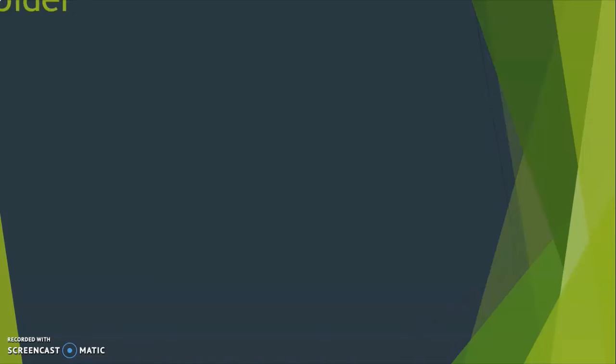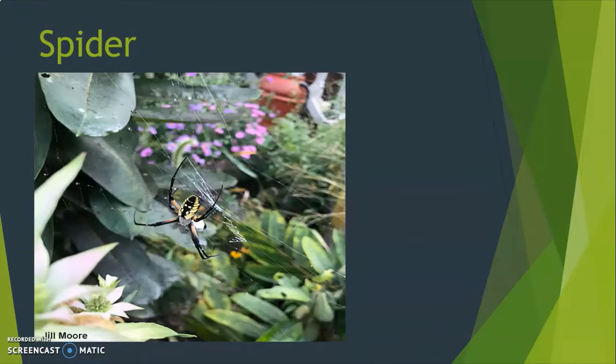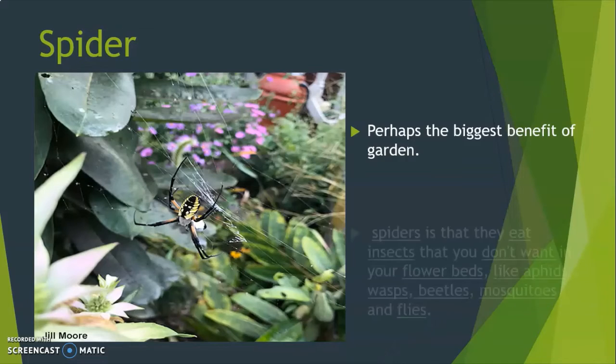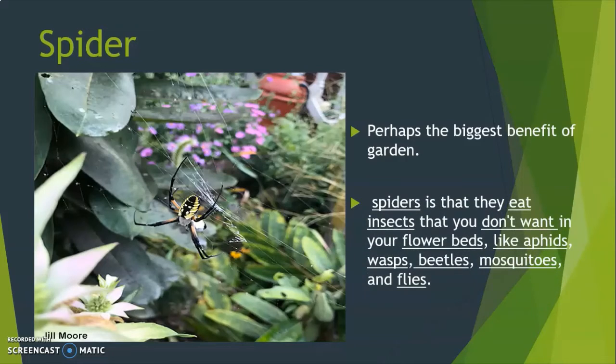And then the next one is the spider. So what is the role of the spider in our garden? Perhaps the biggest benefit of spiders is that they eat insects that you don't want in your flower beds.